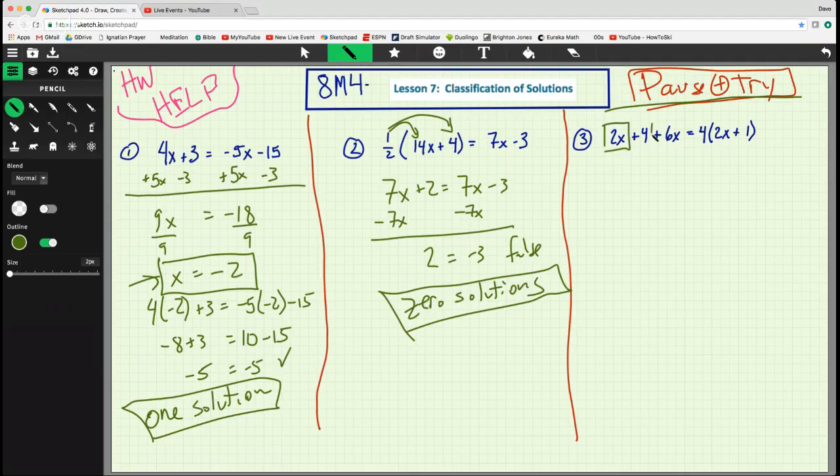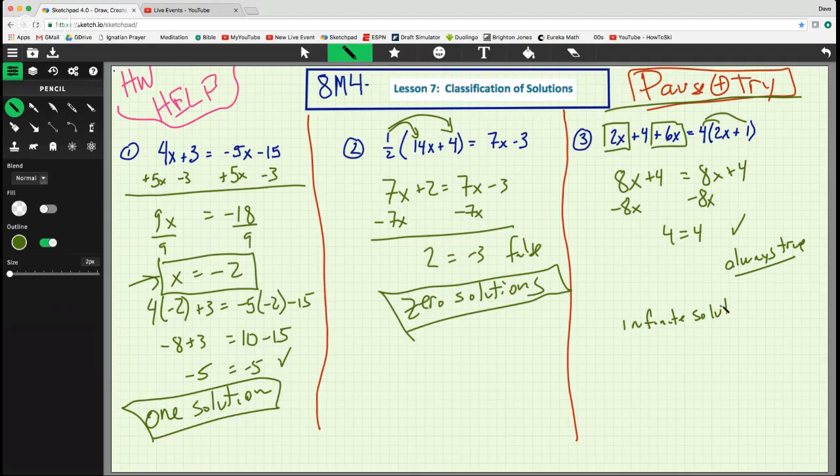We've got to combine our like terms. 2x and 6x is 8x plus 4. Here we have to distribute. 8x plus 4. This is looking like it's going to be always true. 4 equals 4. Check. So this is always true. So we have infinite solutions.